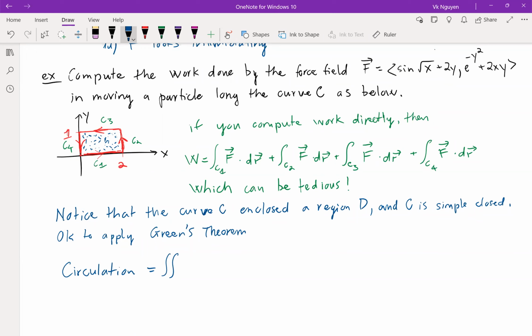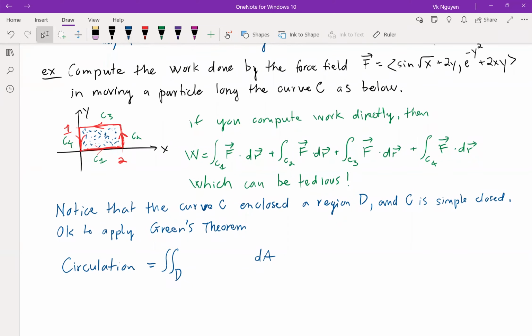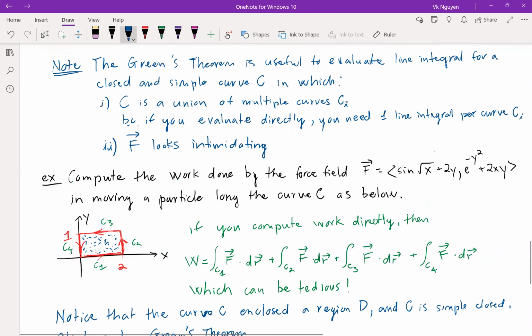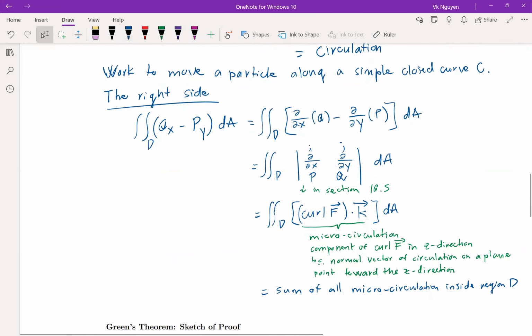a double integral over the region D, because we are summing a bunch of these smaller circulations, these micro circulations. What are the micro circulations? If you look at it, it looks like the determinant of this matrix. One of the best ways to remember is the determinant of this thing.